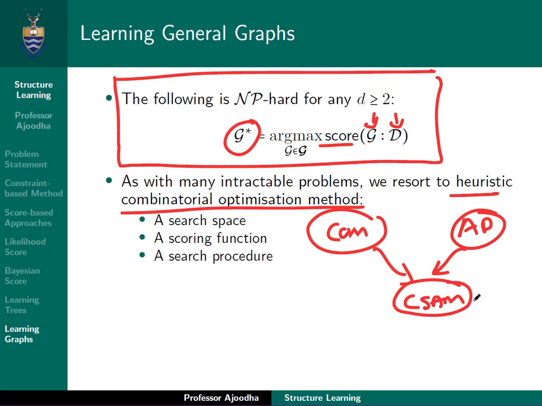And so computer science and applied maths are brothers in many ways, and now our schools are merged together.